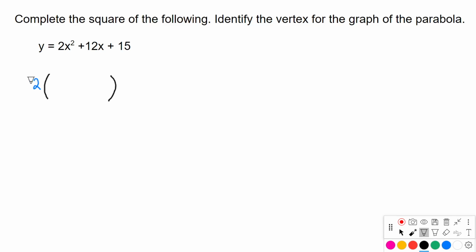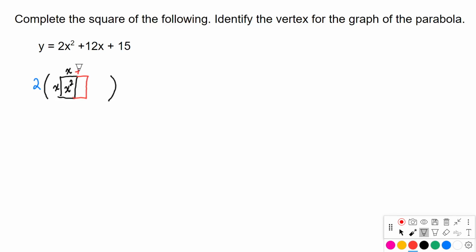Keep in mind, pulling that 2 out is dividing by 2. So I'm going to make 1 square, that's x by x, so I have my x squared. I'm going to have 2 of these, so I need to divide 12 by 2, which is 6, but then I also need to divide that by 2 to give me the 3 that I'm going to have.